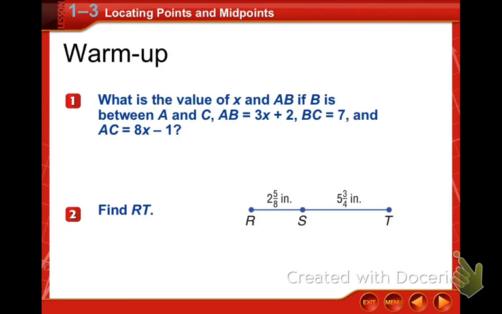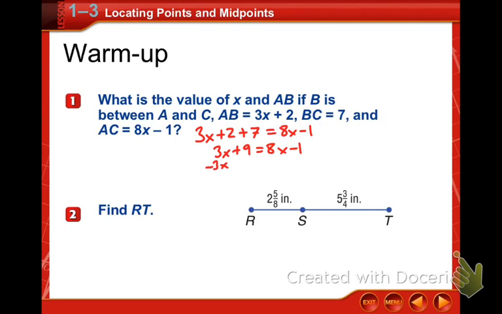So that means we have 3x plus 2 plus BC, so plus 7, equal to 8x minus 1. So 3x, the 2 and 7 can add together, so that's going to be 9. 3x plus 9 is equal to 8x minus 1.